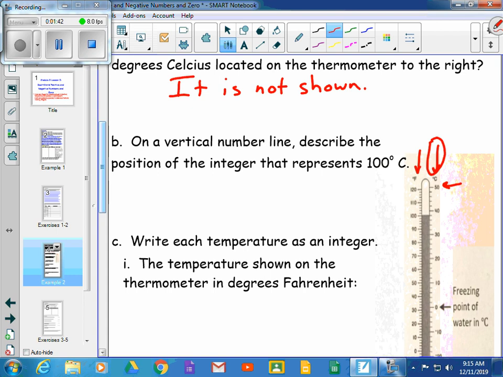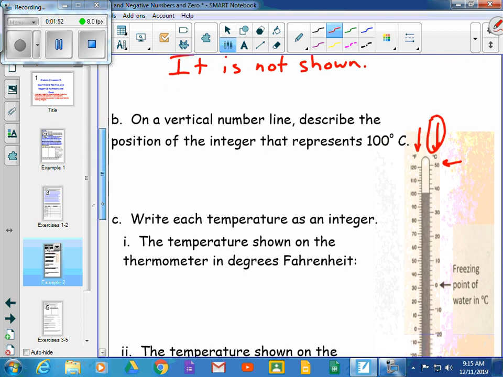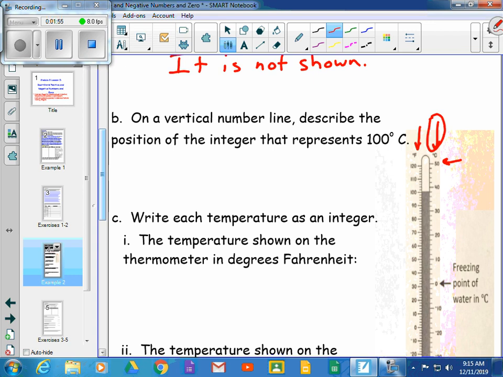Okay, the next question says, on a vertical number line, describe the position of the integer that represents 100 degrees Celsius. Well, since the 100 degrees Celsius is positive, on a vertical number line, it's going to be above the zero. And if each unit would be 1 degree Celsius, it's going to be 100 units above the zero.